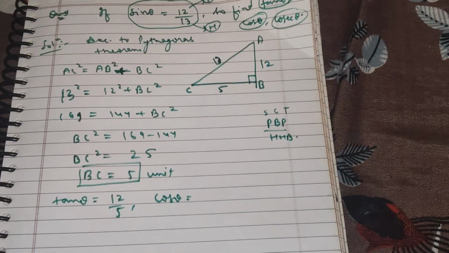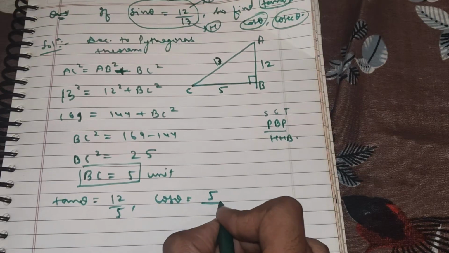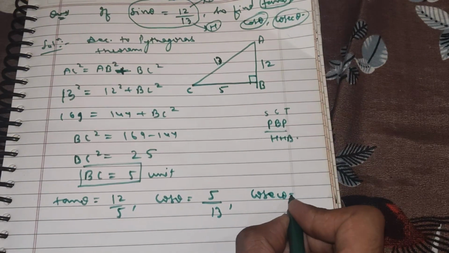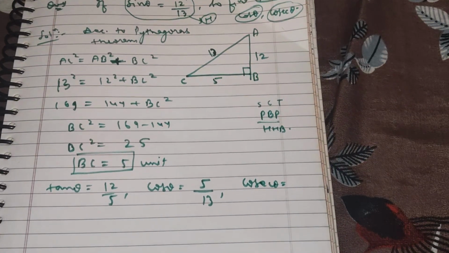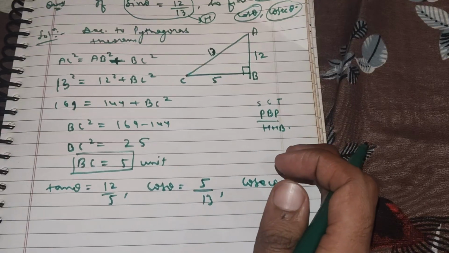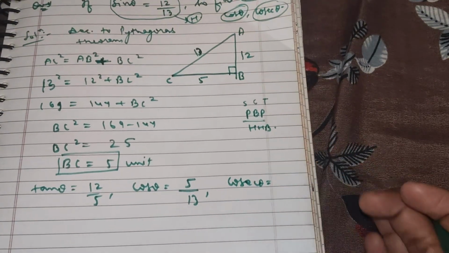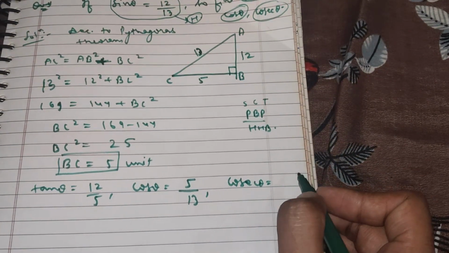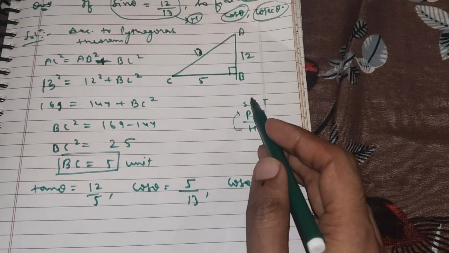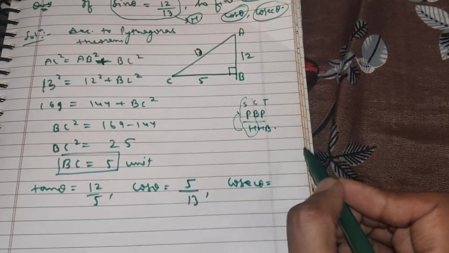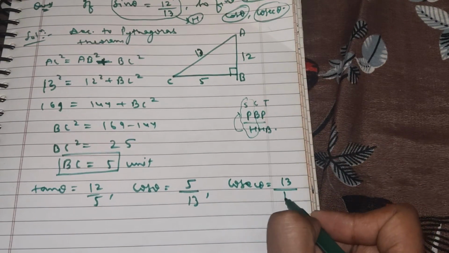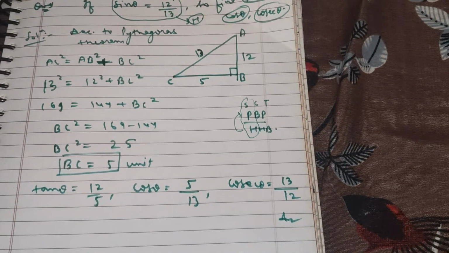Cosec theta we can easily find if we know these three values. This type of question can come in the exam for 1 mark or 2 marks. Cosec is just the reciprocal of sine, so hypotenuse upon perpendicular, which is 13 upon 12. In this way you can easily find it.